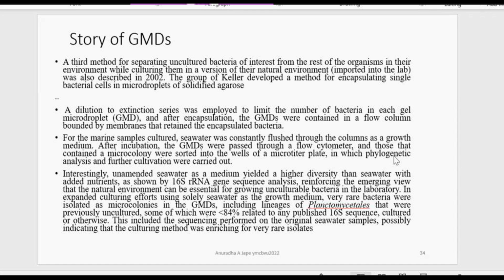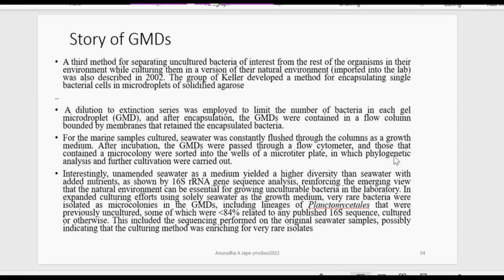So for example, this GMD has given the most uncultured bacteria, that is the Planctomycetes group, right? They were previously uncultured, but because of the GMD technique, more than 84% of any published 16S sequences were grown or cultured.